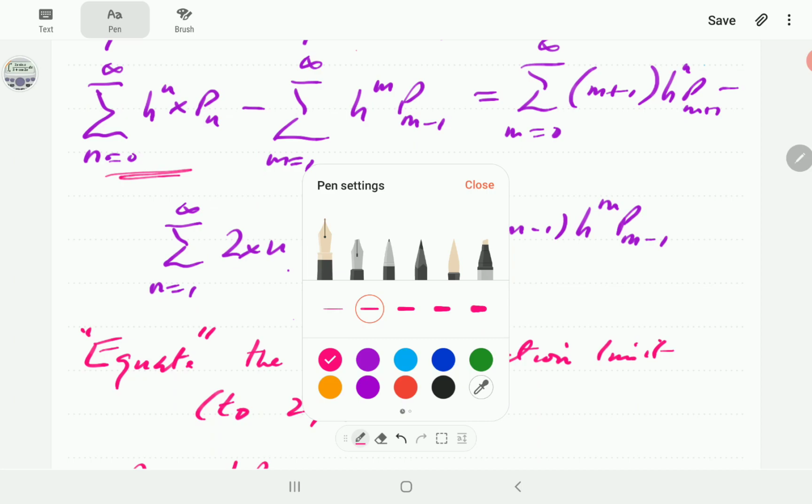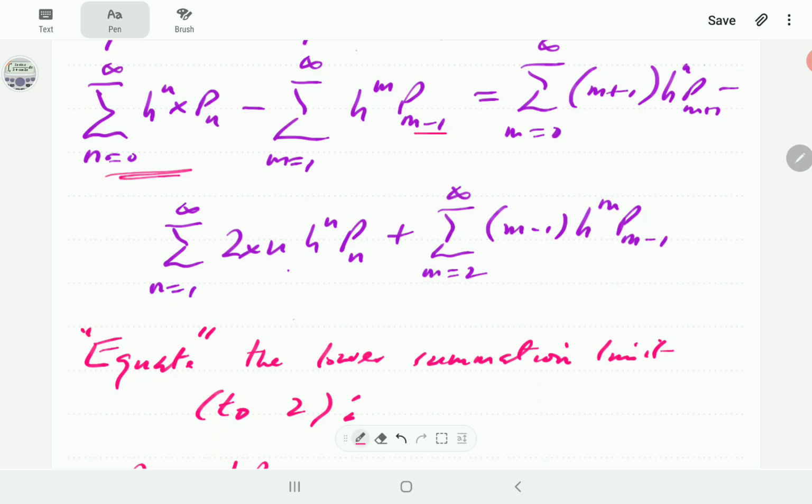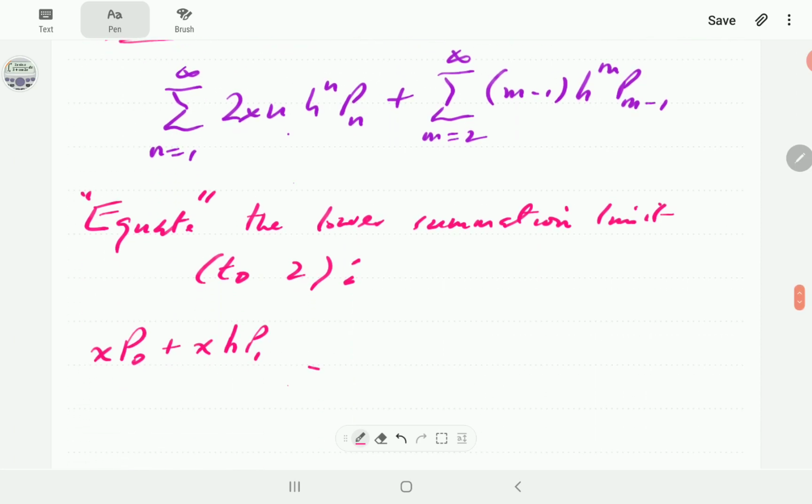Then we evaluate this one at m equal to 1. So it's going to be h p_0, so minus h p_0. And then what we can do now, the summation on the left hand side, we can use m, we can use n, doesn't really matter. I'm going to use m.